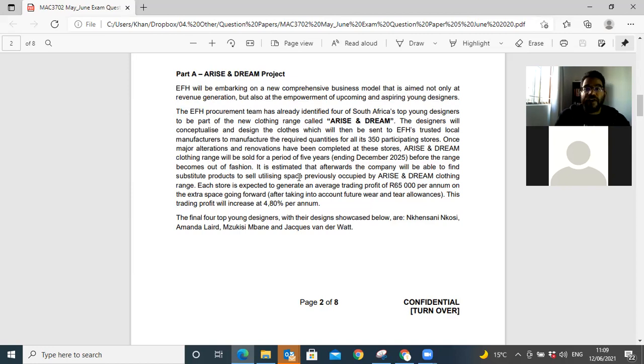All they are doing over here, they are basically using a Gordon growth model. Okay, so this is the perpetuity formula. So you might just picture this from a valuation point of view. When we do valuations, we have an explicit period, and then we have a terminal value. You should have remembered this from the valuation question we did not too long ago, that you have an explicit period.